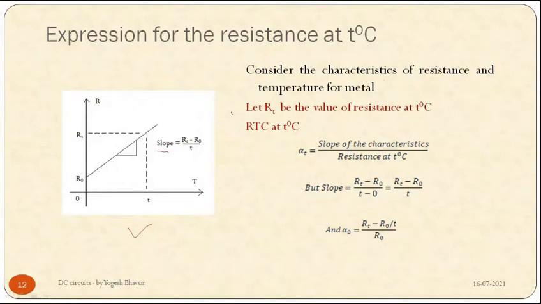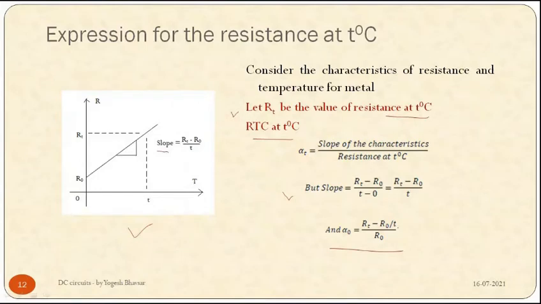We have RT as the value of resistance at T degree Celsius. So RTC at T degree Celsius, alpha T, is the slope of the characteristics divided by resistance at T degree Celsius. The slope of the characteristics is RT minus R0 by T minus 0, that means RT minus R0 by T. In a similar way, alpha 0 is equal to RT minus R0 by T divided by R0.